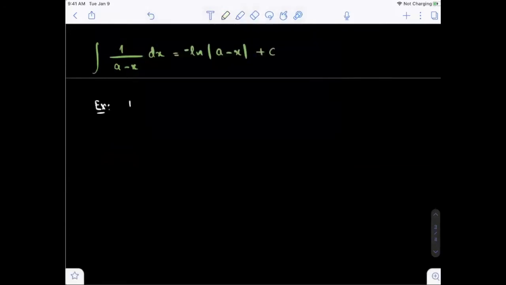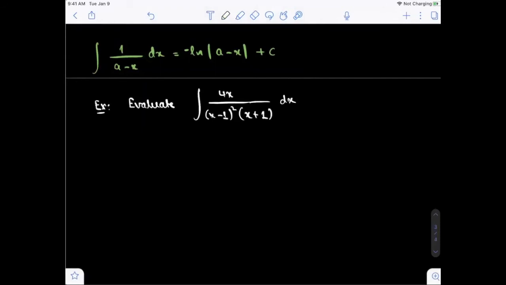Next example. Evaluate the integral of 4x divided by (x minus 1) squared times (x plus 1) dx. When you look at this integrand, you have 4x over (x minus 1) squared times (x plus 1).